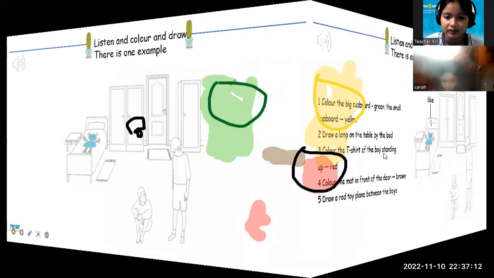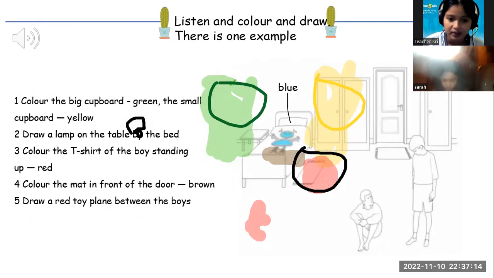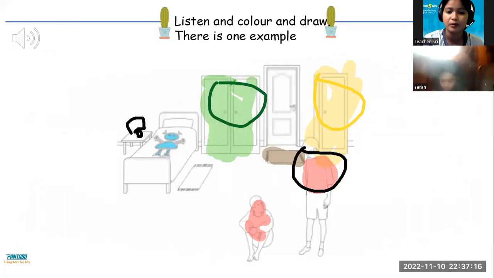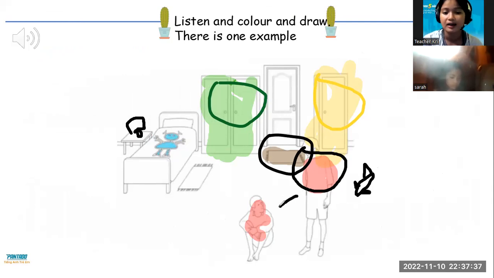Okay, let's have here the mat in front of the door, brown. Okay, that's right. You colored the mat. And the last one is you are going to draw an airplane as the boys' toy.